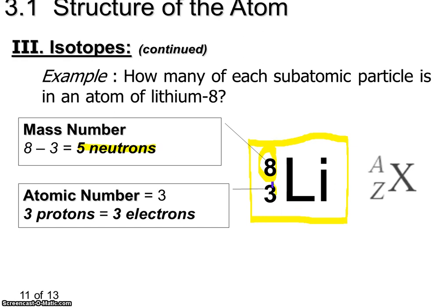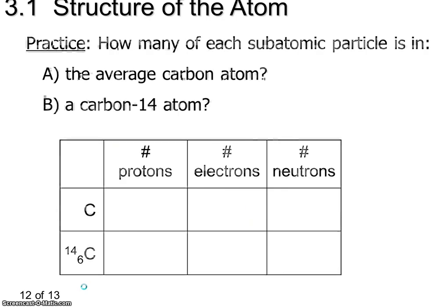The atomic number for lithium is always 3, and it doesn't matter whether you're talking about the average atom, a different isotope of lithium, or even an ion, the atomic number is always 3. So that means 3 protons. And in this atom we know protons and electrons are equal, so that tells us there's also 3 electrons. So this is how many subatomic particles we have.